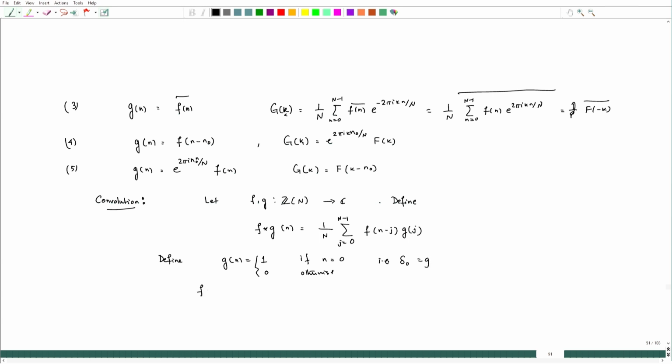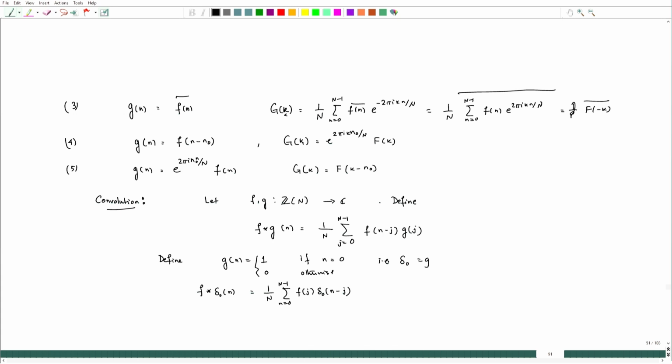Then f convolution delta 0 at n is going to be 1 by N summation over j equal to 0 to N minus 1 of f of j delta 0 of n minus j.